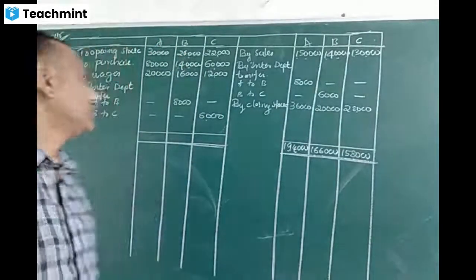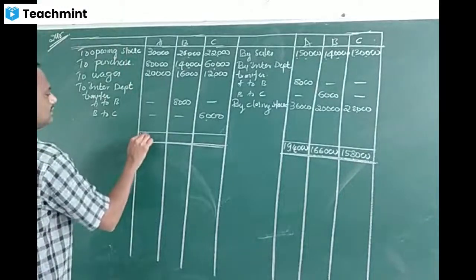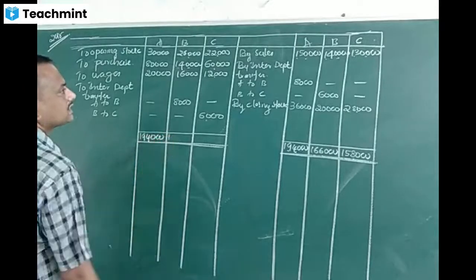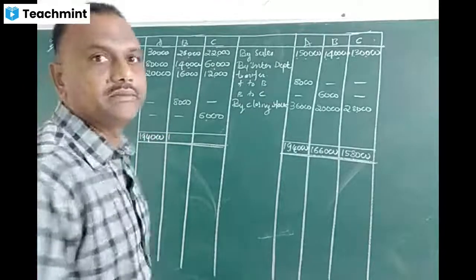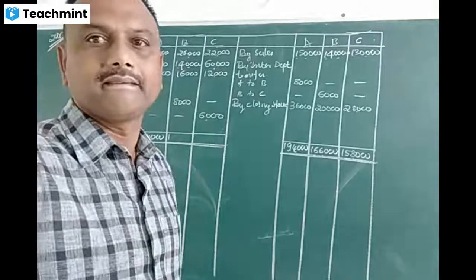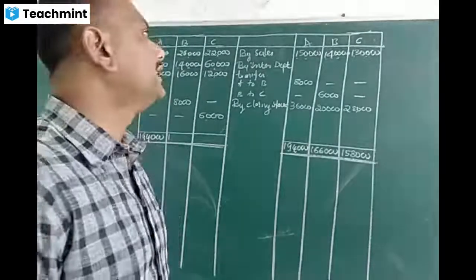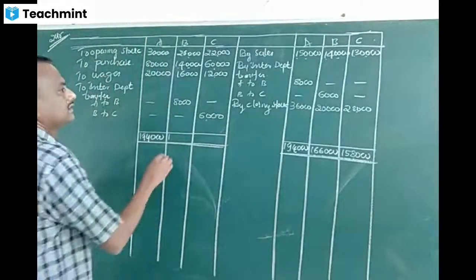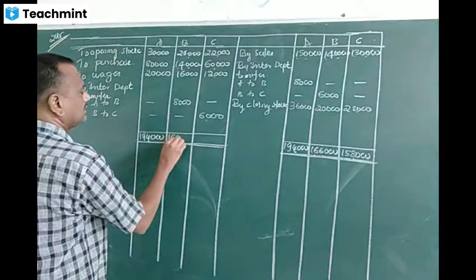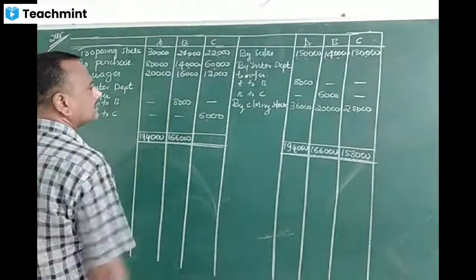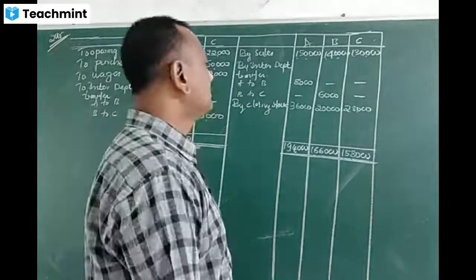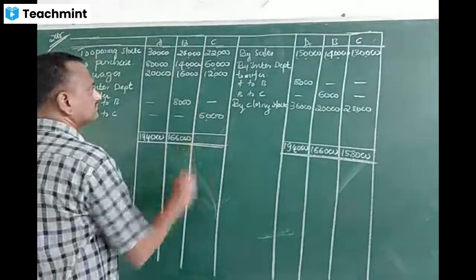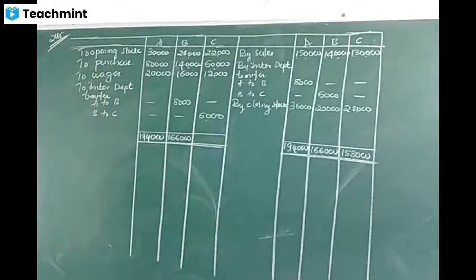The gross loss is 90,000. The department shows a gross loss.